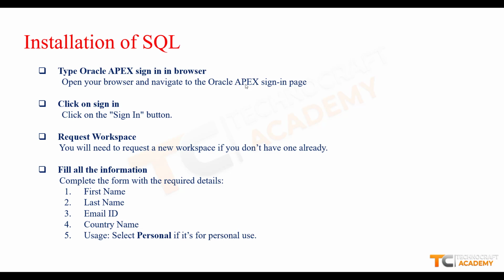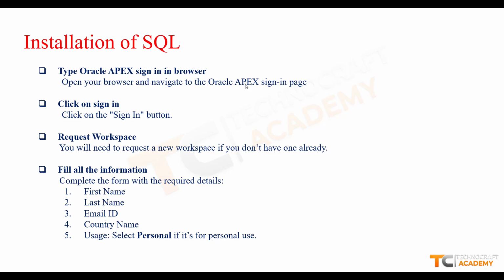Once you enter Oracle Apex, you'll get a page prompting for sign in. Just sign in, and since we are using Oracle Apex for the first time, we need to request a workspace. You'll see an option called request a new workspace.